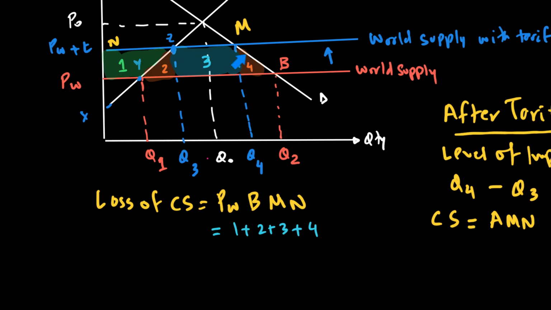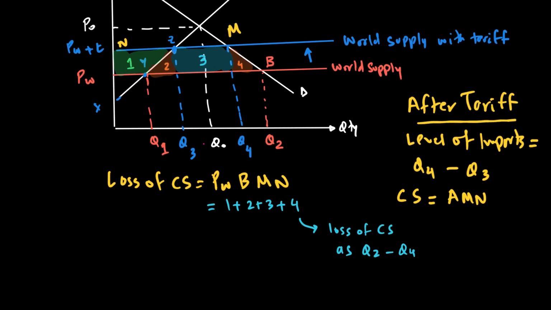So what is area 4? We say area 4 is basically loss of consumer surplus as Q2 minus Q4 consumers are denied of the good.